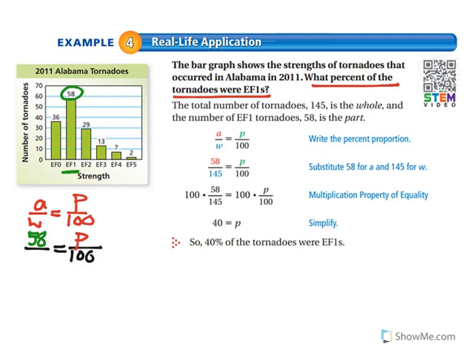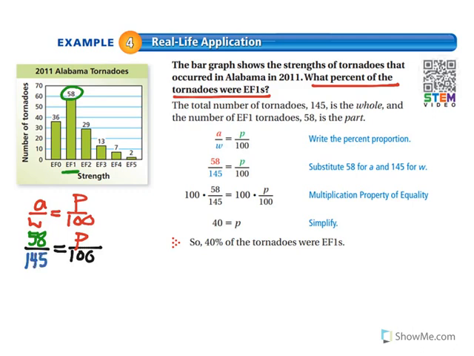The EF1s being a specific type of tornado, being the part, tells us the whole would be all of the tornadoes. So you'd want to add up the 36, the 58, the 29, the 13, the 7, and the 2. You're going to add up all the different EF types of tornadoes, and when we add those all up, we're going to get 145. So the whole is 145.